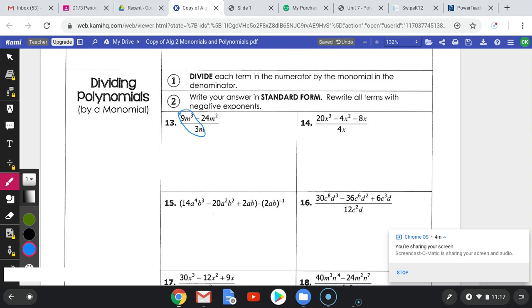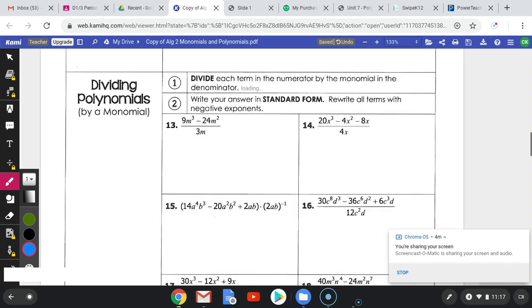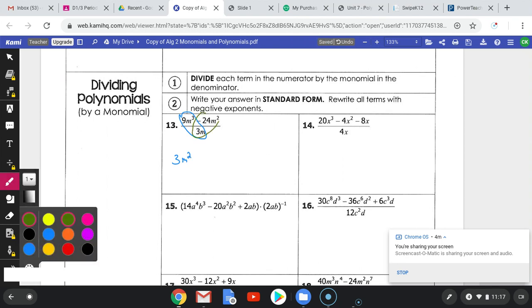What's 9 divided by 3? 3. What's m cubed divided by m? M squared. And then I do the same thing with the other term. Negative 24m squared divided by 3m is going to give you negative 8m. That's in standard form. There's no negative exponents, so we are done here.